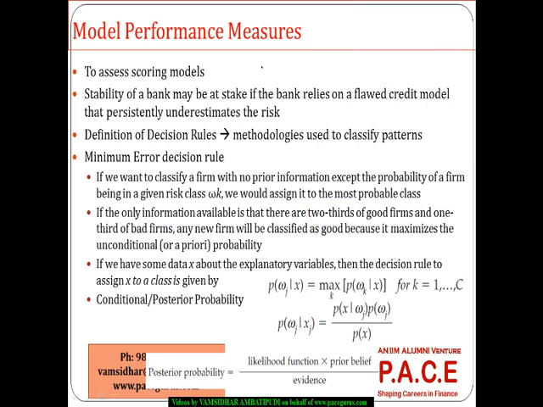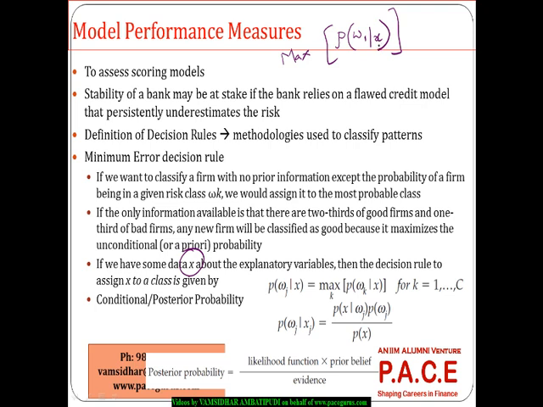But if I have some data about the explanatory variable, then I am looking at the probability that it belongs to group 1 given x. I want to maximize this kind of probability to classify it, because this probability is known.